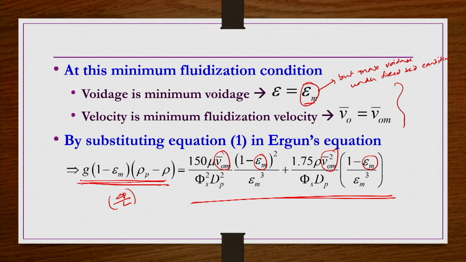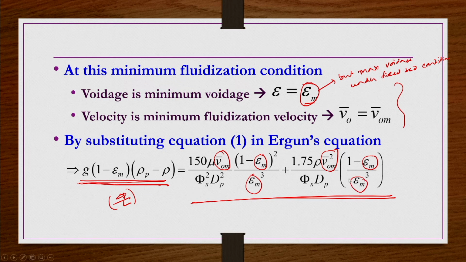So, in the Ergun's equation delta P by L we replaced by G multiplied by (1 minus epsilon m) multiplied by (rho P minus rho) as just derived, and in the right hand side everywhere velocity we replaced by the minimum fluidization velocity, and epsilon we replaced by epsilon m. That is the only change we have done.